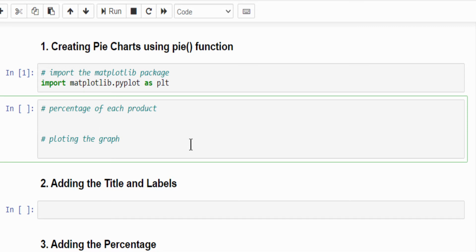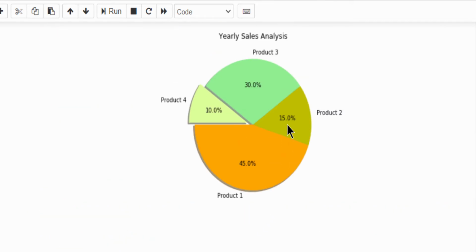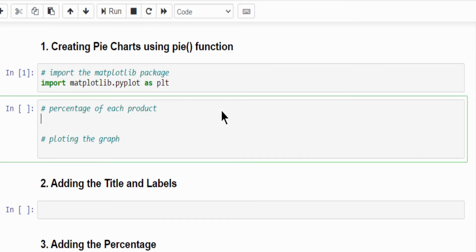In this example, we are trying to plot the same graph. This will be our end product. So totally we have 4 products. Product 1, 45, 15, 30, 10. So let's try to plot that. I am giving it as a list. So product variable, 4 values, 45, 15, 30, 10.